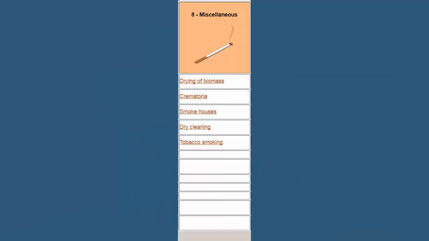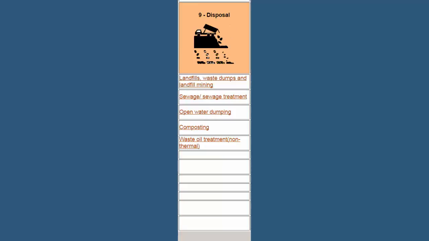Source Group 8, miscellaneous, includes 5 source categories, while drying of biomass and smokehouses are defined by their fuels. This is not the case for crematoria, and of course, tobacco itself can be considered as a fuel. Group 9, disposal, includes 5 source categories.